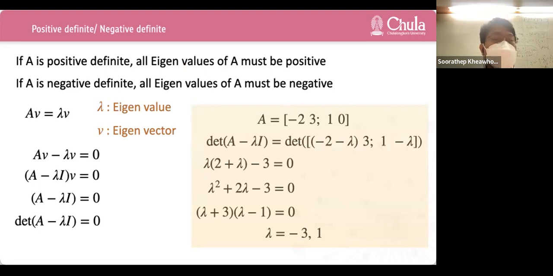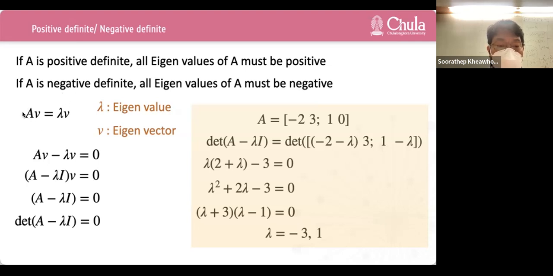So you just find the eigenvalue. I'm not sure whether you are familiar with eigenvalues. You learned it before, right? Okay. So for eigenvalues, it's very simple, for 2 dimensions or 3 dimensions.